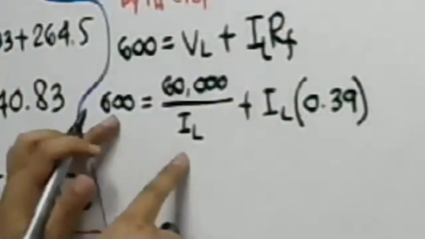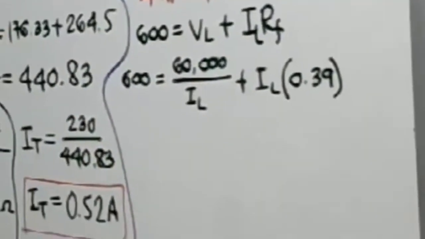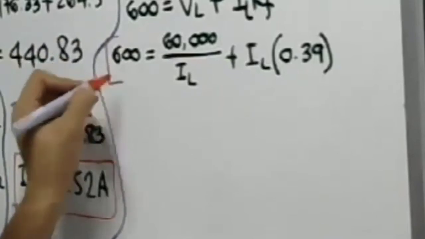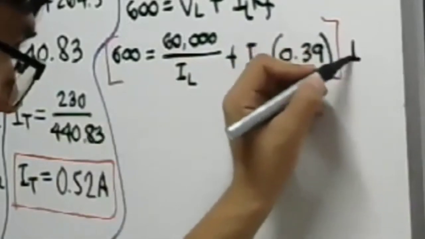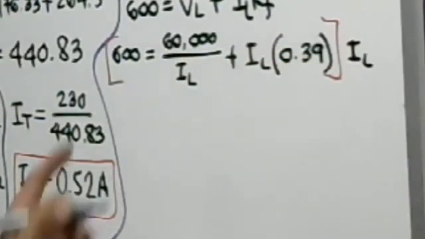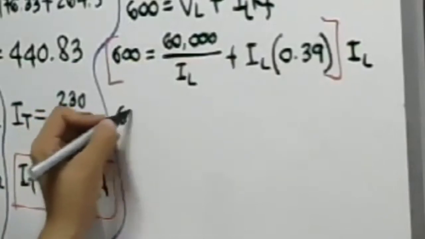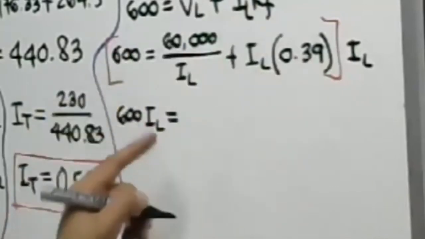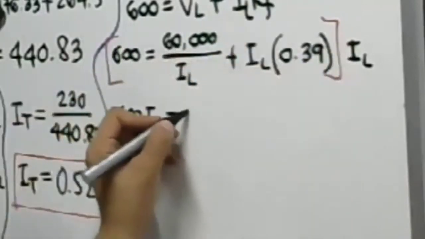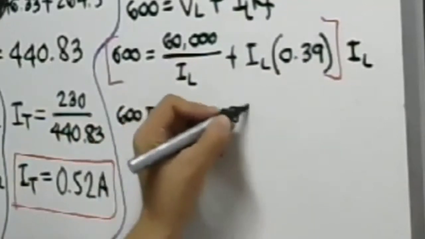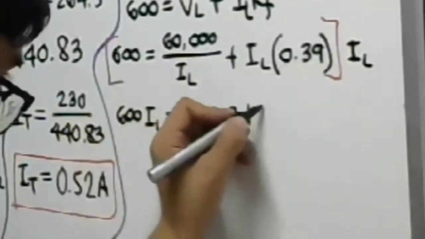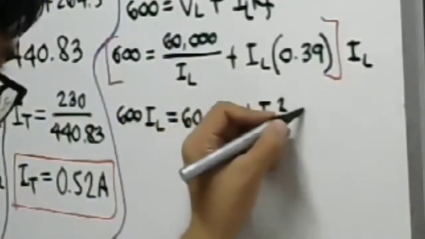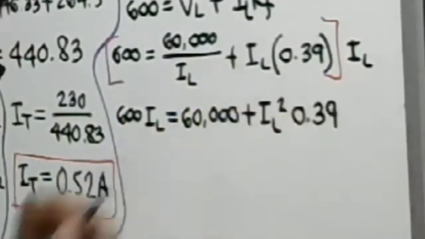So we have here 600. Let us multiply both sides by IL. So we have here 600 IL equal to, so IL will cancel here, that is 60,000, and then plus IL times IL squared times 0.39.